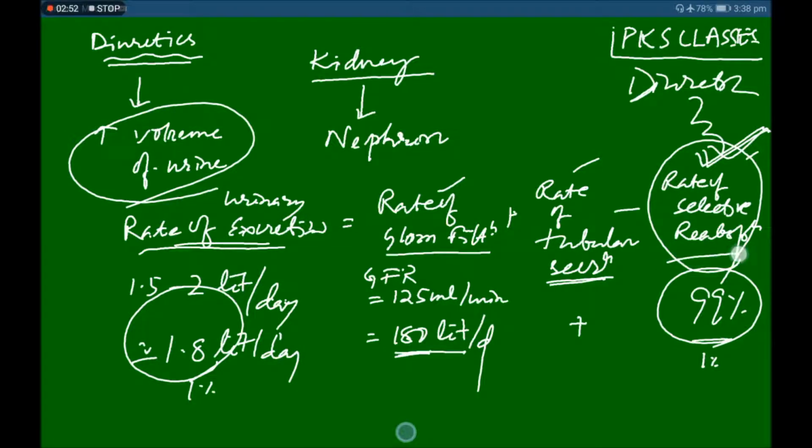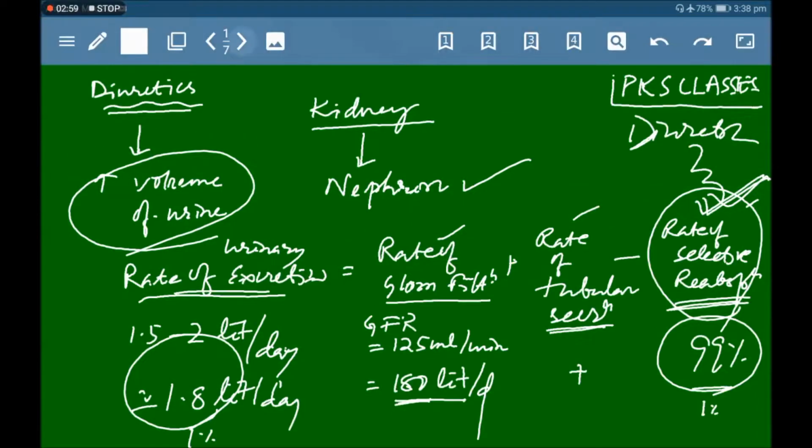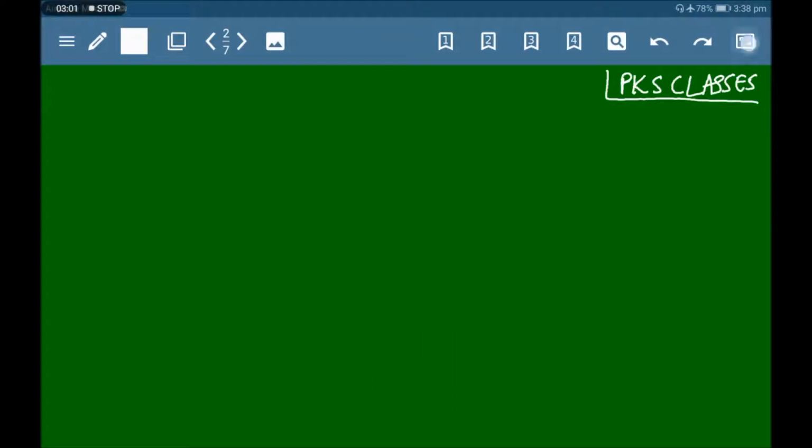To know the mechanism of reabsorption, we first have to know about the nephron. So let us draw a diagram of the nephron. The structure is like this, and here we have the afferent arteriole and the efferent arteriole.